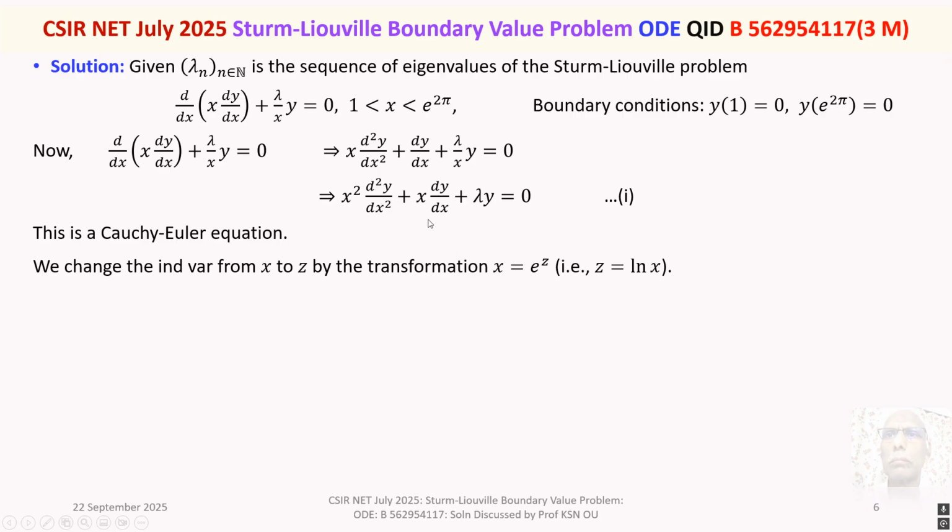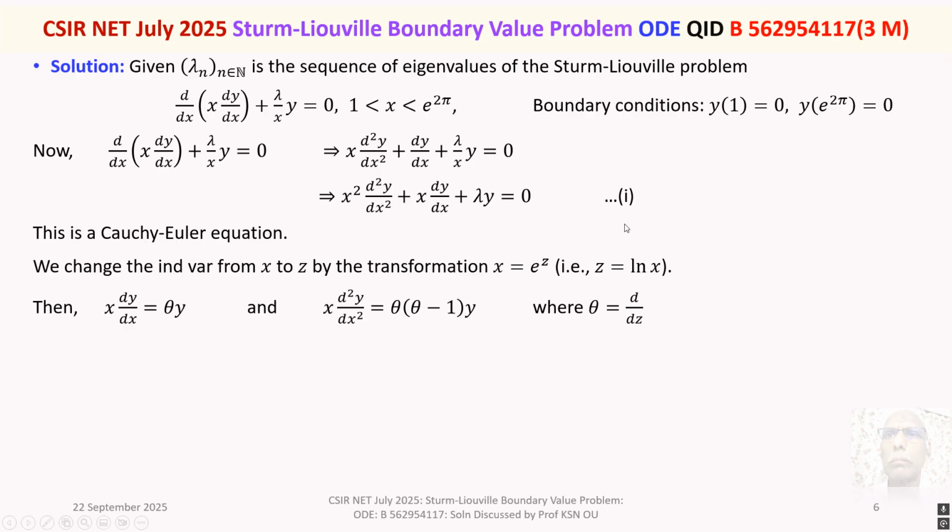Then what happens to dy by dx and d square y by dx square in terms of the independent variable z? Then x dy by dx is theta operating on y, and x square d square y by dx square is theta multiplied by theta minus 1 operating on y, where theta is the differential operator with respect to the new independent variable z.